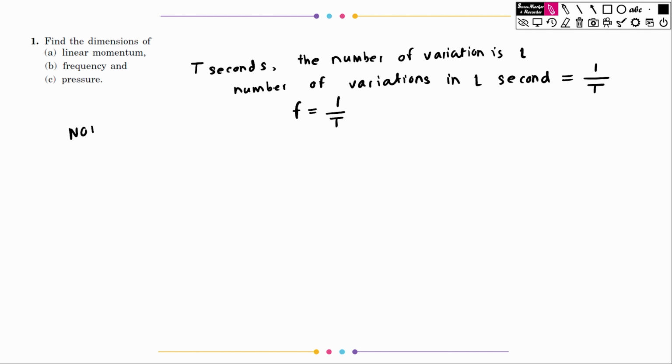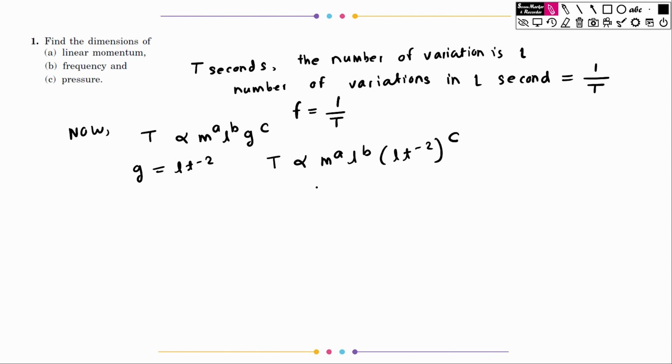Now we can write T is proportional to m^a L^b g^c. Here, g is nothing but acceleration due to gravity, which is LT^-2. Therefore, we can write the equation as m^a L^b (LT^-2)^c. So, rearranging, we can write it as m^a L^(b+c) T^-2c.